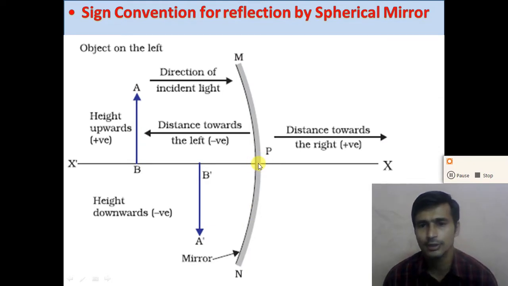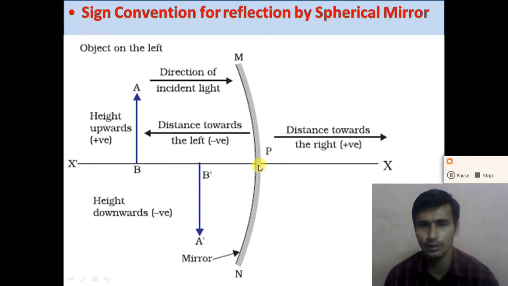The pole is considered as the origin and the principal axis is considered as the x-axis. On the right side of the pole all the distances are considered positive, and on the left side of the mirror all the distances are considered negative.